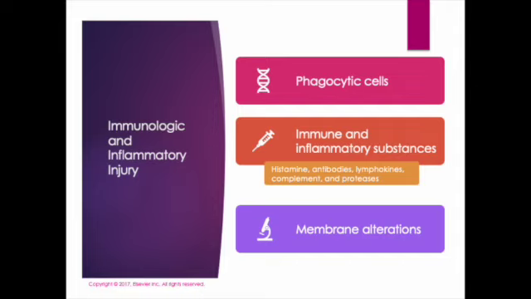We also have immune and inflammatory substances like histamine, antibodies, lymphokines, complement systems, and proteases that also help protect us from immune and inflammatory injuries. And then there are membrane alterations that can also occur, which can either protect against or further produce immune and inflammatory injuries.